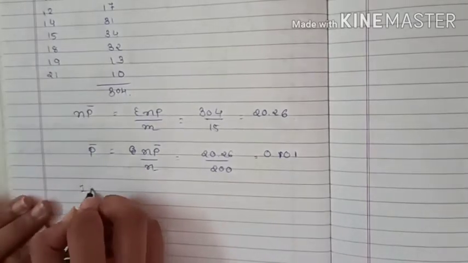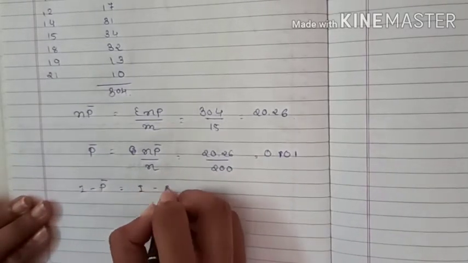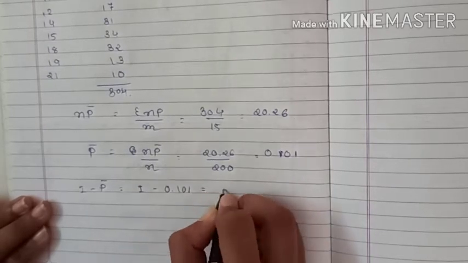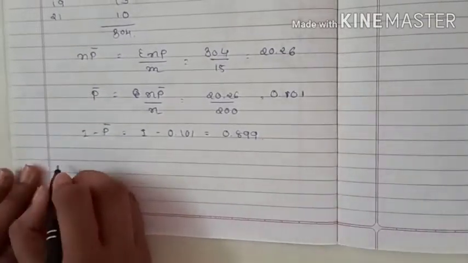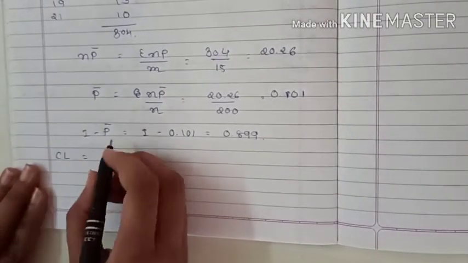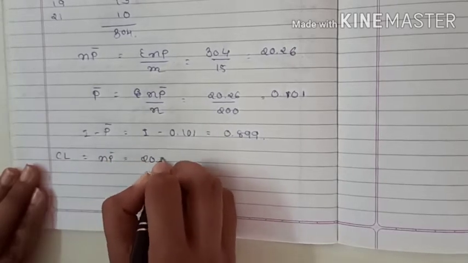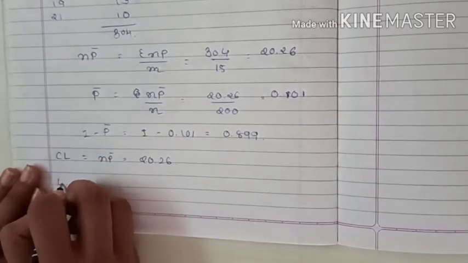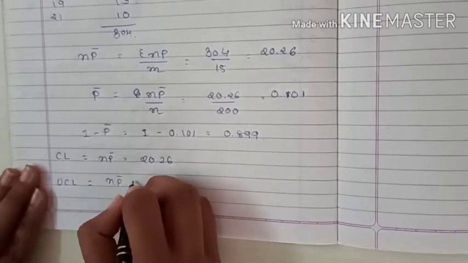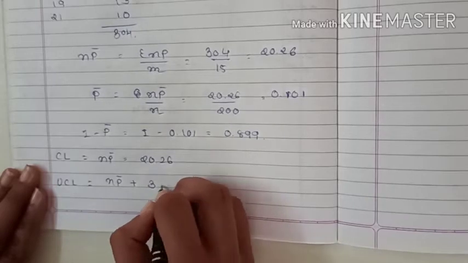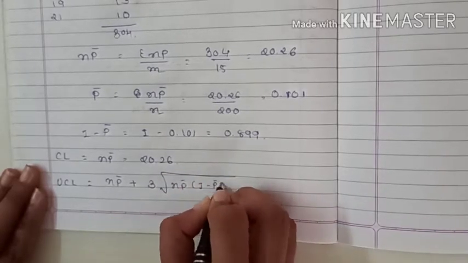Now let's apply the control limits. First we find 1 minus P bar. So 1 minus 0.101 is equal to 0.899. Control limits: central line is equal to NP bar, which is 20.26. Then upper control limit is equal to NP bar plus 3 under root NP bar into 1 minus P bar.